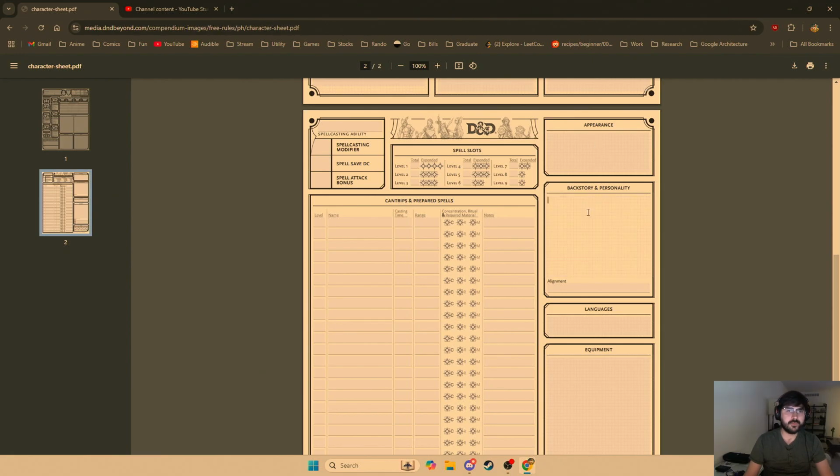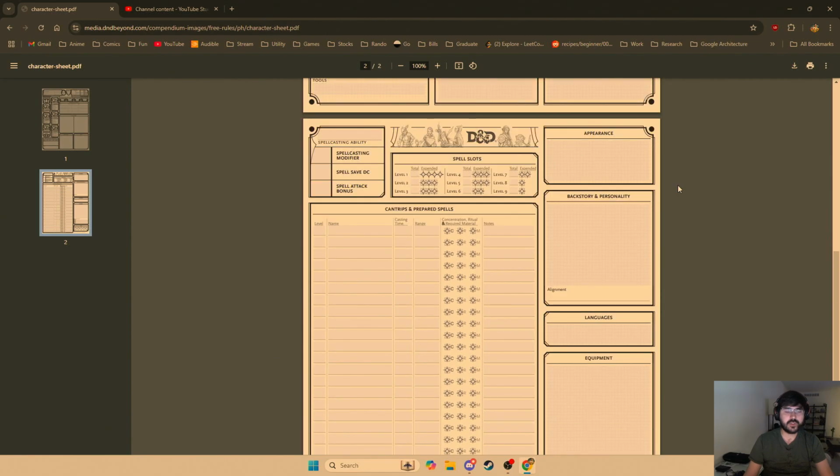Description of your appearance, backstory and personality, what's your alignment: lawful good, lawful neutral, lawful chaotic. What is it? Oh, it was like lawful good, neutral good, chaotic good, and then it's lawful neutral, neutral, or true neutral, and then chaotic neutral, and then lawful evil, and so on and so on.